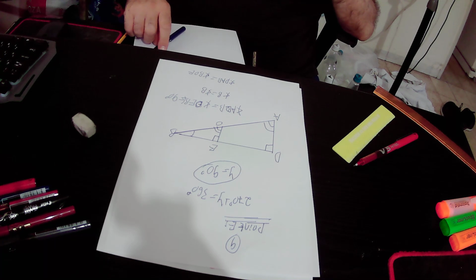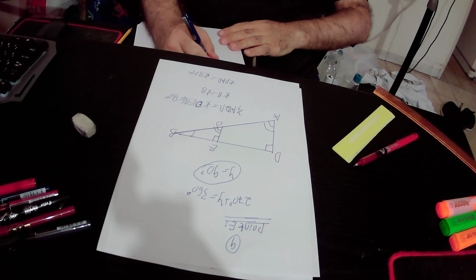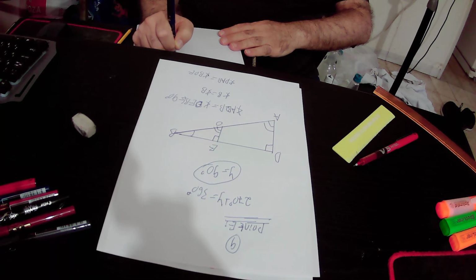Therefore, we actually proved that those two triangles, triangle ADB, is similar to triangle OEB. Okay, triangle ADB, the big triangle, is similar to the small triangle, triangle OEB, according to angle rule.